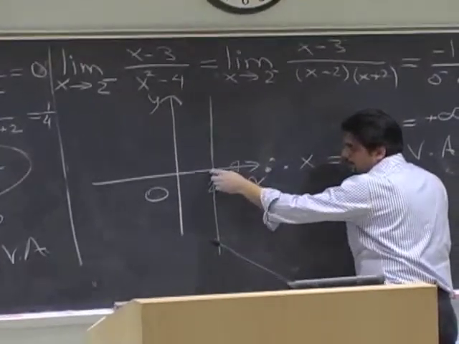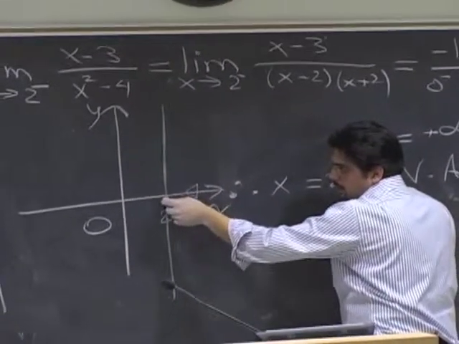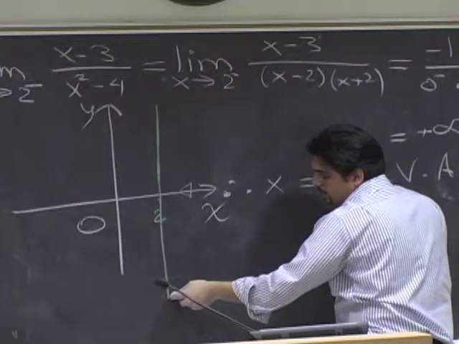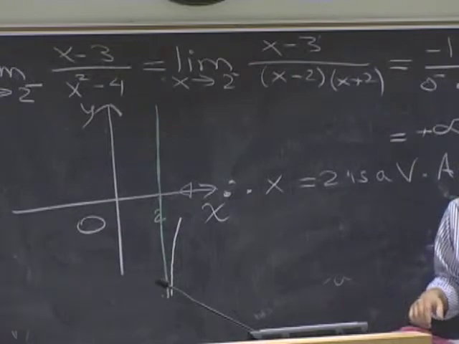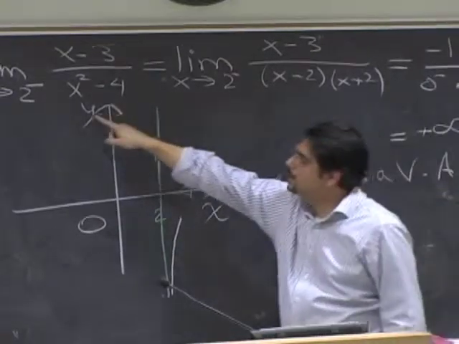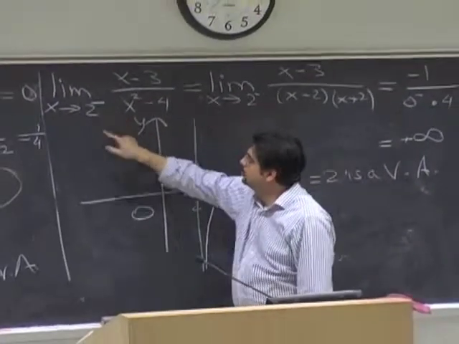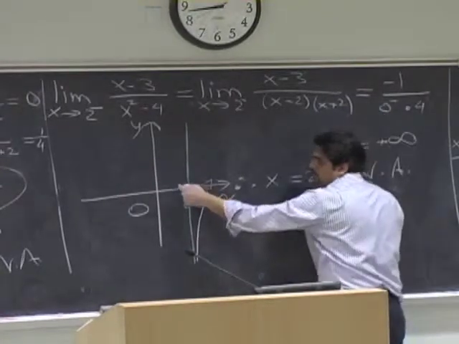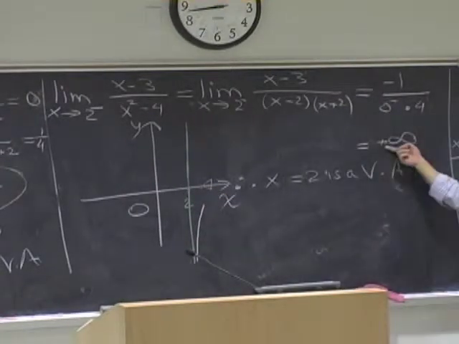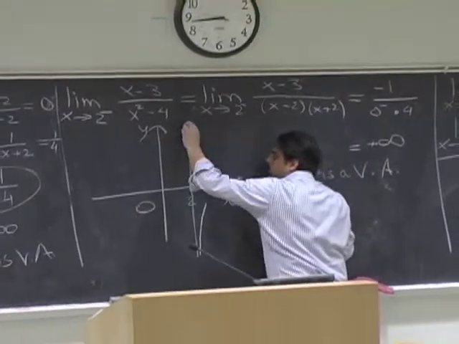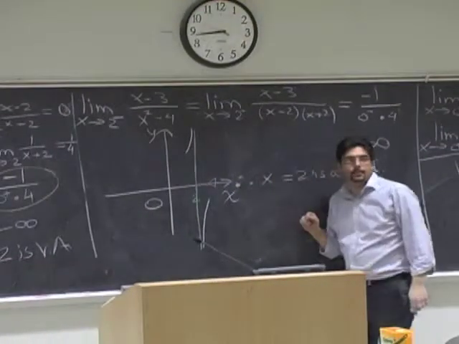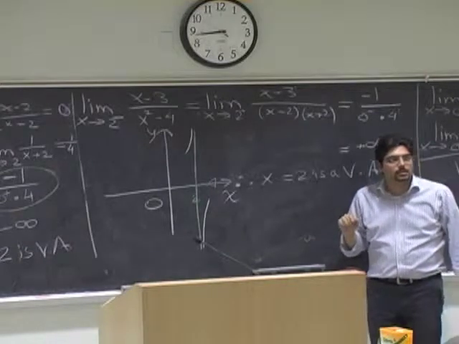So to the right of 2, the function values are near negative infinity. So that's what the graph looks like. This limit tells us that when x is near 2 from the left-hand side, which is the left of the vertical asymptote, our function values are large but positive. So our graph is up here. Does that make sense?